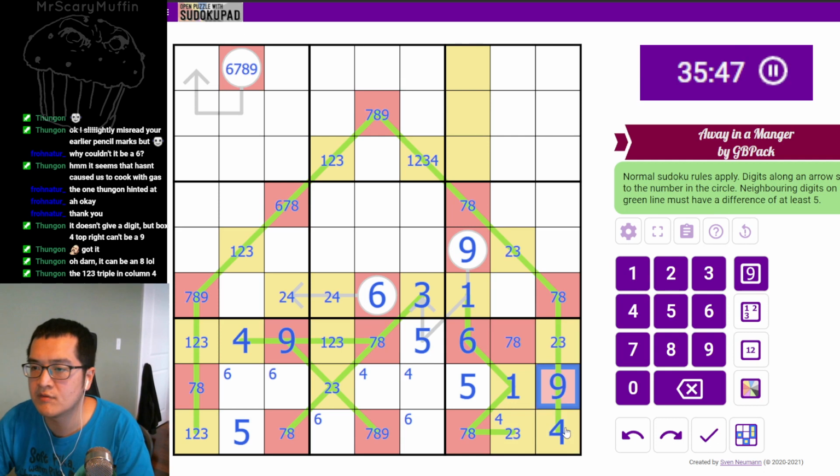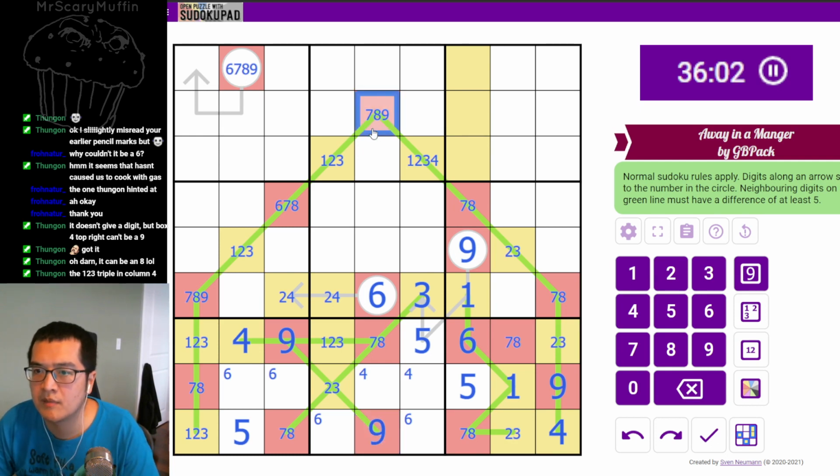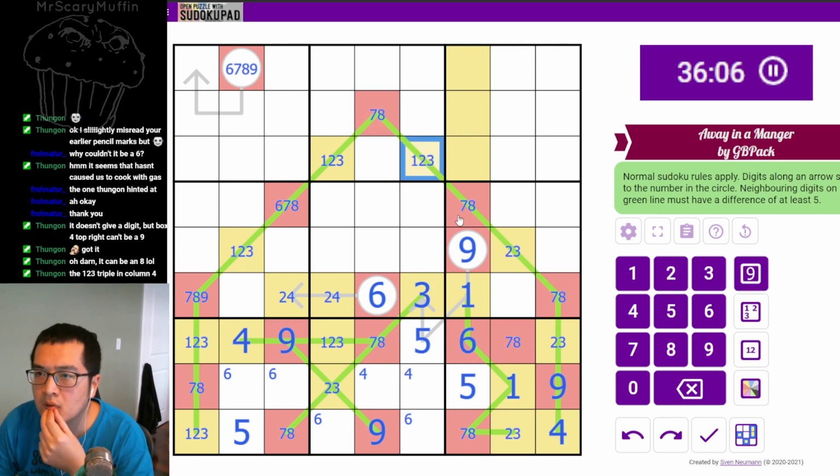This is the only other place for a 4, that's a 9. And this is the only other place that we can fit a 9, right? Yes. That can't be a 9 up here, which means this can no longer be a 4. Oh, that was already the case over here.